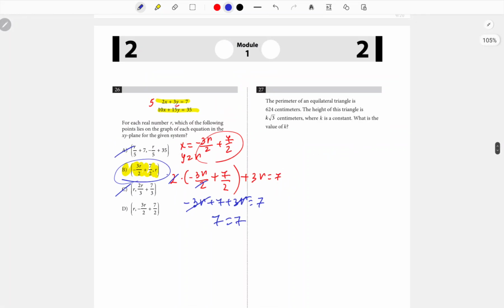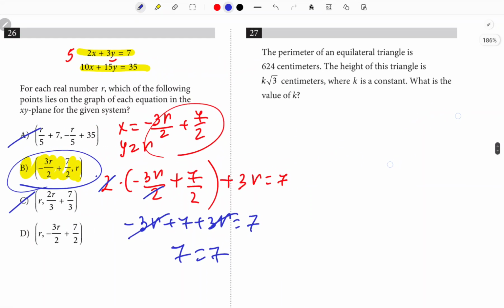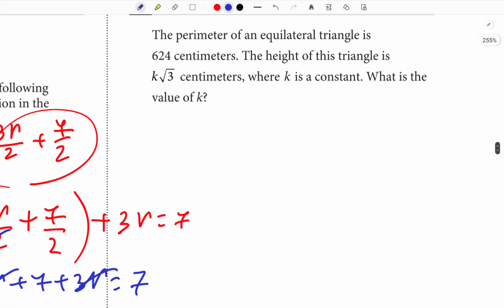The B. So the perimeter of an equilateral triangle is 624 centimeters. The height of this triangle is k times square root of 3. Okay. In an equilateral triangle, perimeter is 3a, and perimeter is 624, equal to 3a.